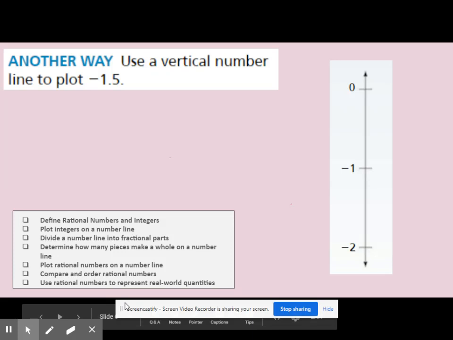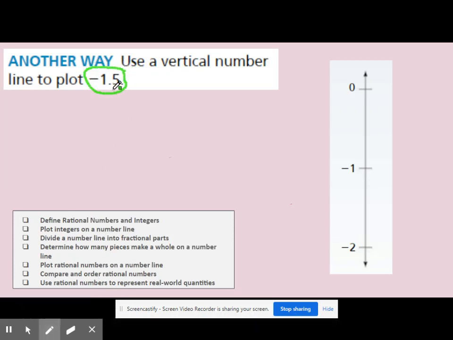Okay, so here's going to be a vertical number line. Vertical number lines are up and down. So they want me to plot -1.5. You can think of this as -1.5 or as -1 1/2. We have to be able to go back and forth between fractions and decimals.